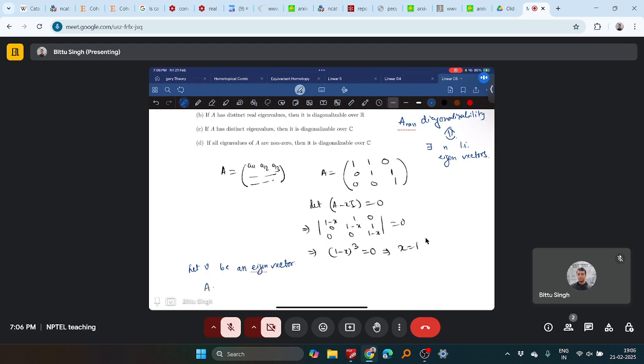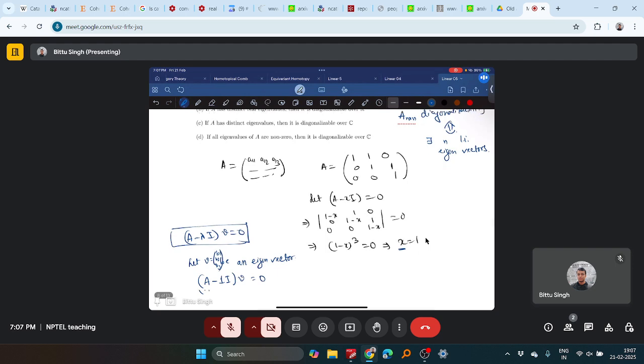Then it will satisfy the equation A minus lambda I, where lambda is 1, so A minus 1 times I, times the eigenvector V equal to 0. Let V take the form B1, B2, B3. This is the eigenvector, so (A minus lambda I) V equal to 0.